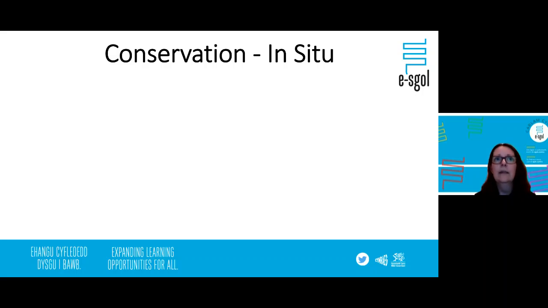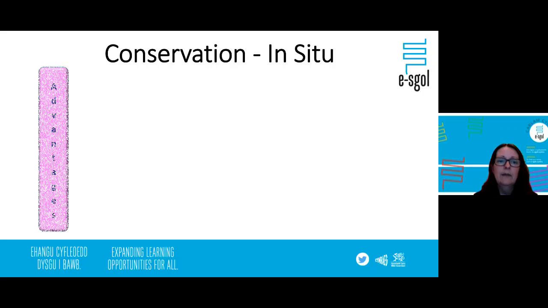So let's look at in situ conservation, and that's where we might have, for example, conservation in a particular area. It might be a national park, it might be an SSSI, a site of special scientific interest, and the activities that take place there are monitored very carefully, and are sustainable. That means that any damage to that particular habitat or environment is minimal, and it means that organisms are protected.